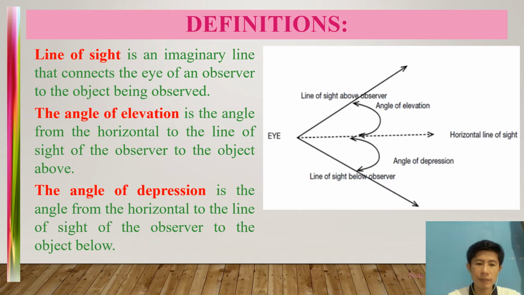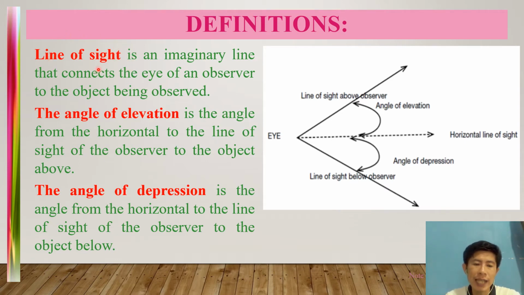In order to understand this topic, we need first to have the definition of the terms involved in the discussion. The first term that we need to define is the line of sight.